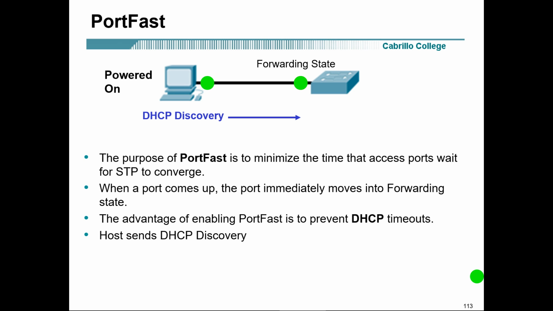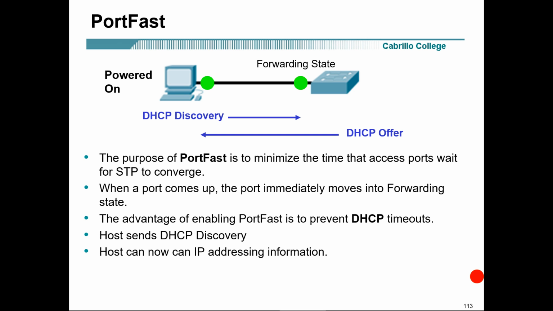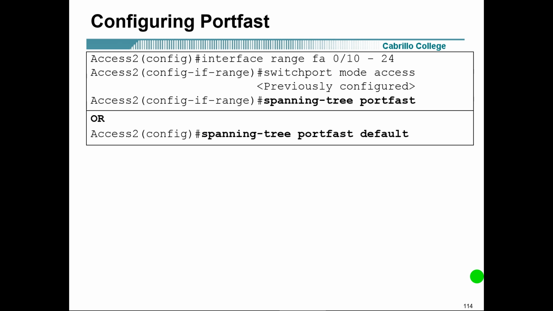The host will send the DHCP discovery. The host can now obtain proper IP address information. So what you do on links that are connecting to hosts is you navigate to the appropriate interfaces, spanning tree, PortFast.